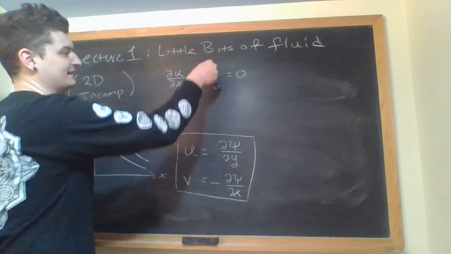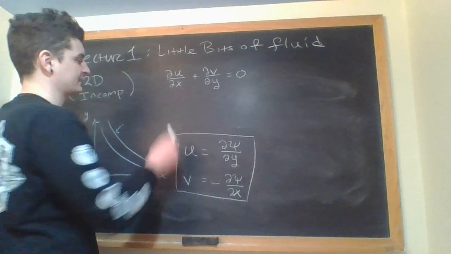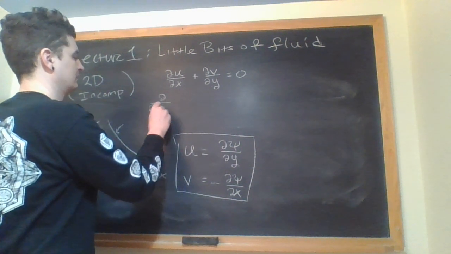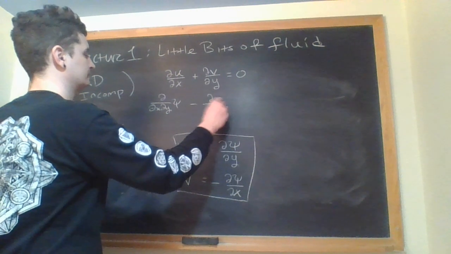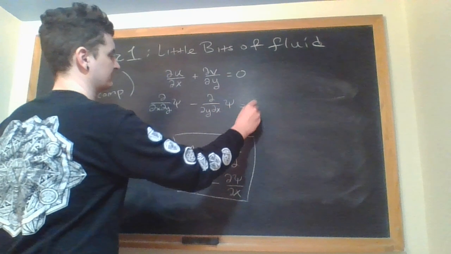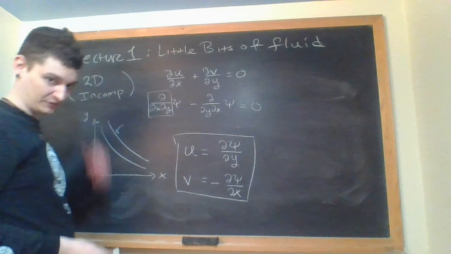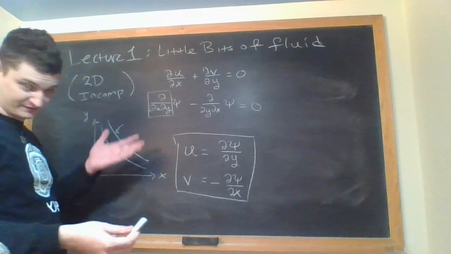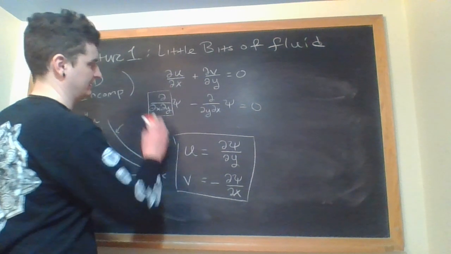You can sub this into continuity, and you'll see that it's always satisfied. And it's satisfied because you get this relationship, and order doesn't matter for continuous functions. So because of that, stream functions all satisfy continuity.